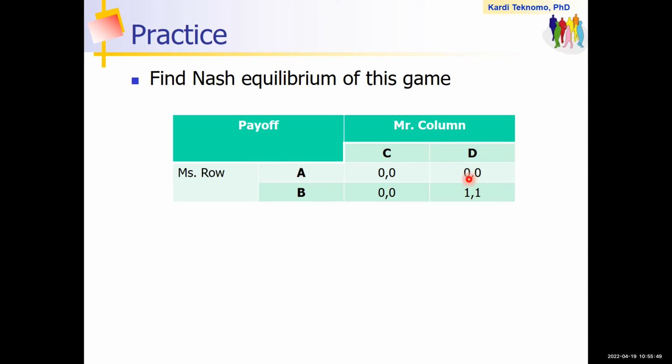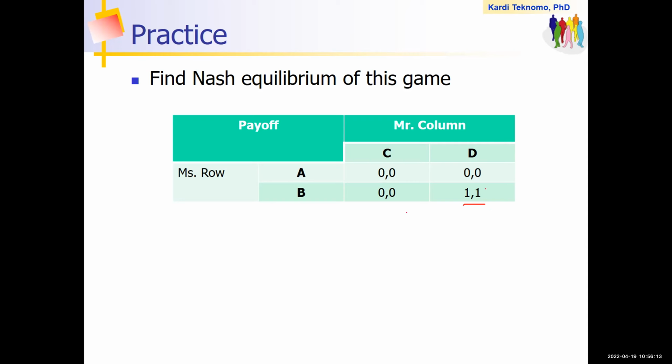There is no difference, so he will not select, right? Now, if Miss Row plays B with 0 and 1, he will choose 1, right? So in that case, for Miss Row playing first, this is the one.